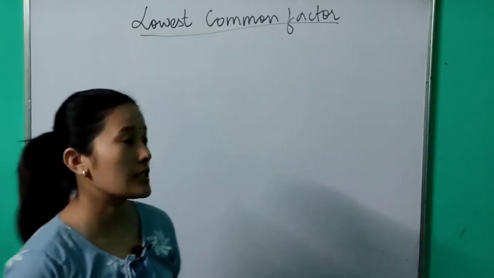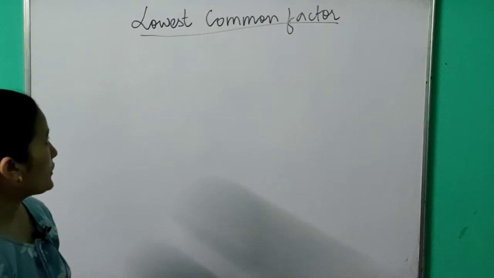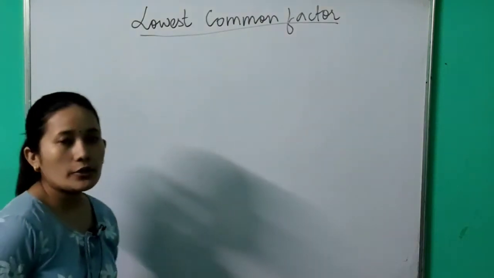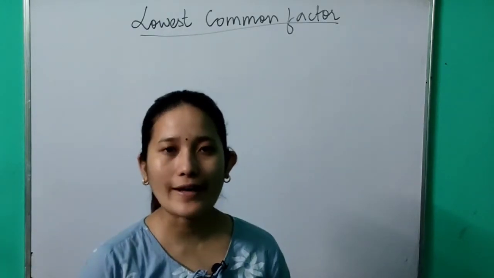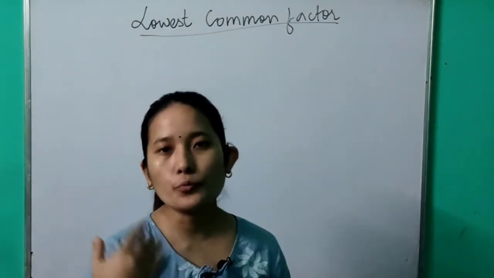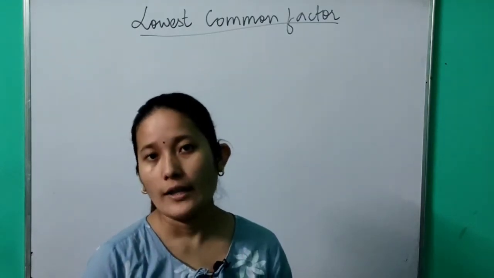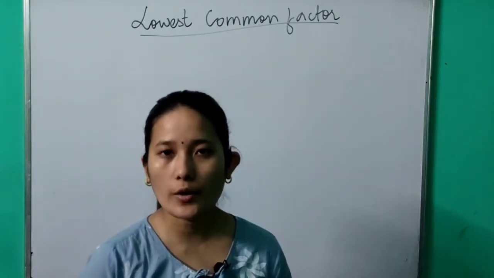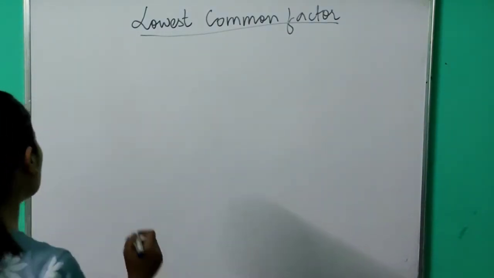We have already discussed the highest common factor. So now let us discuss the lowest common multiple. What do you mean by lowest common multiple? When you take two numbers, we have many multiples which are common to both numbers. Among them, the lowest one is referred to as the lowest common multiple. In order to find the LCM, we have three methods.